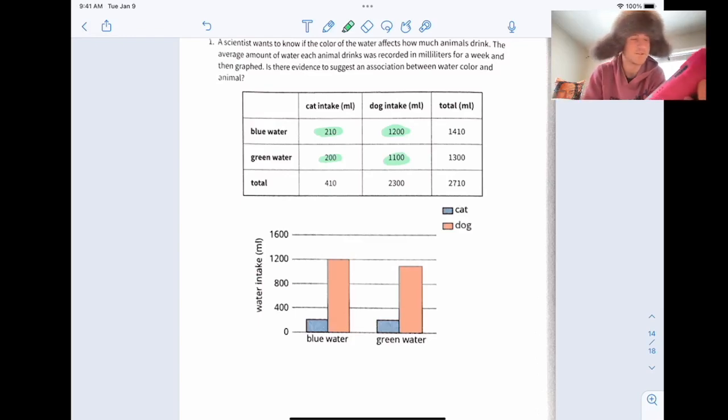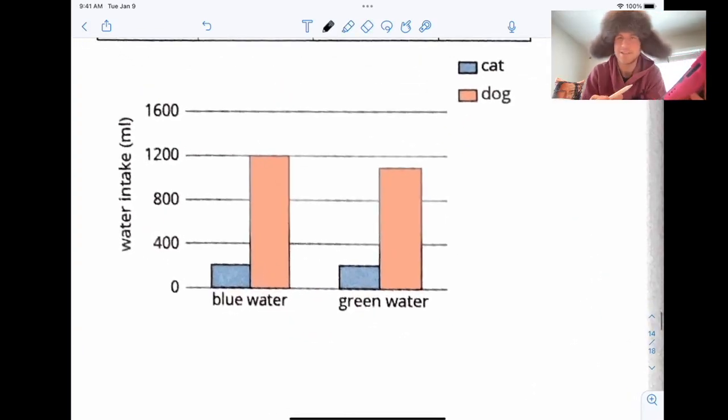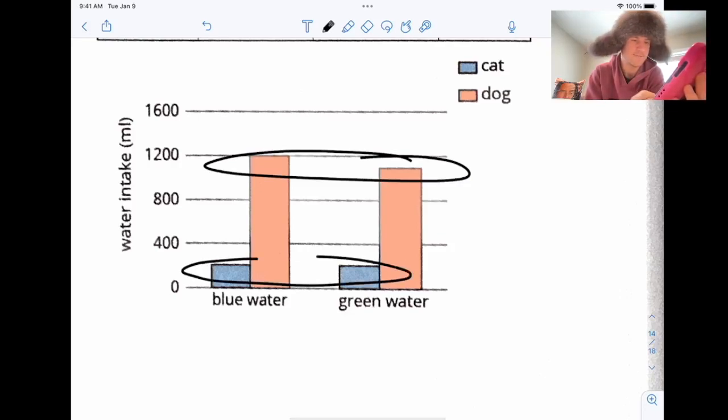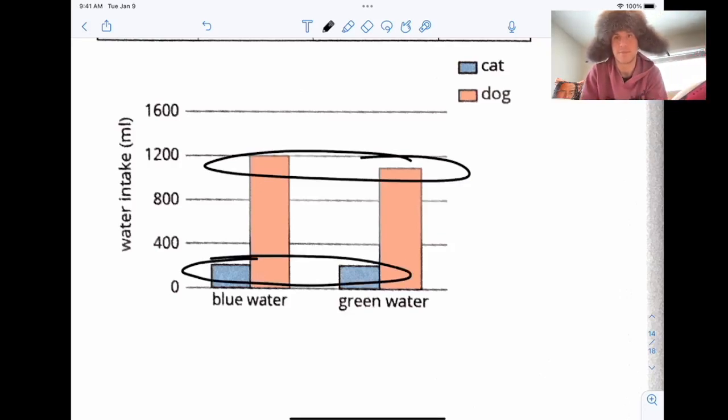That's what you'd call negligible. And if we look at our graph, we're seeing the same thing. We can't really see a difference in the graph. As far as green water goes, dogs are pretty much on the same page. They don't really care. Cats are also at the same level. They don't really care.